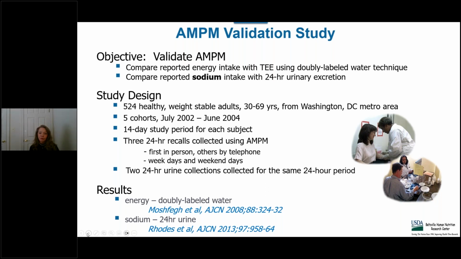We did 3 24-hour recalls on these individuals using the AM/PM. We dosed them with doubly labeled water over a 14-day study period, did the recalls over those 14 days, as well as, in addition to collecting spot urines, we also collected 2 24-hour urine collections.